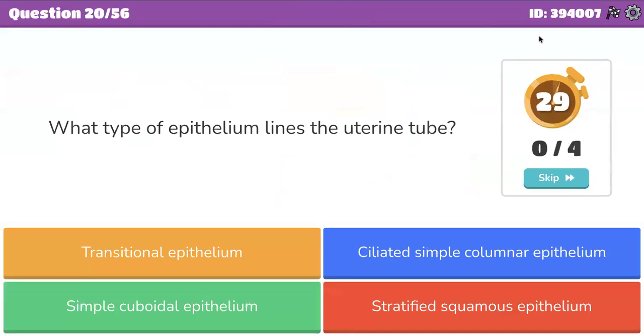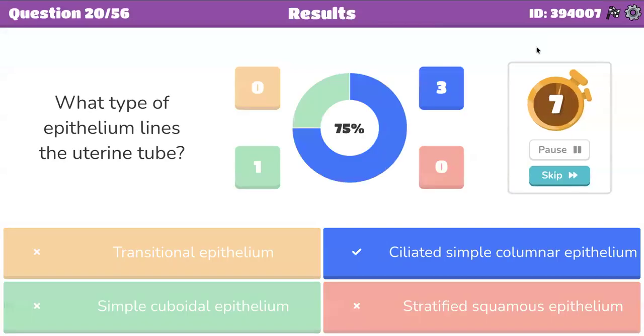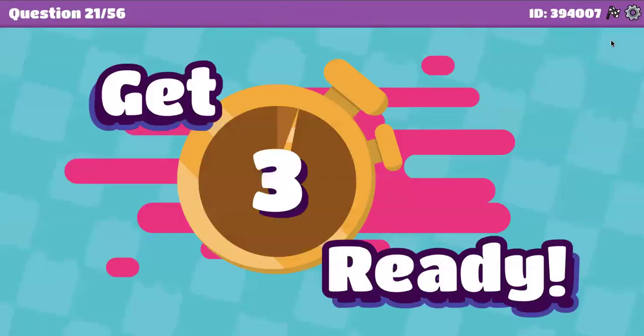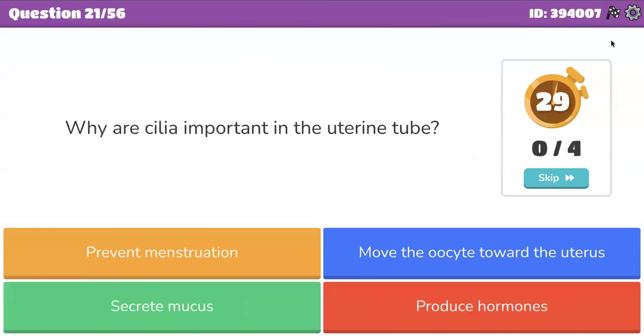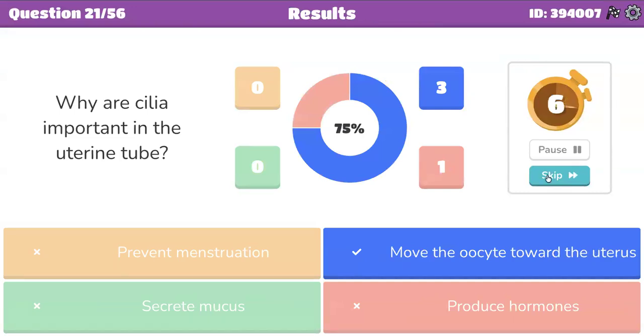What type of epithelium lines the uterine tube? The ciliated simple columnar epithelium. Why are cilia important in the uterine tube? Move the oocytes towards the uterus.